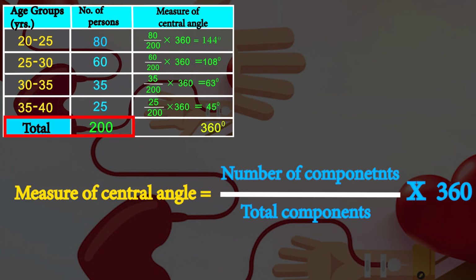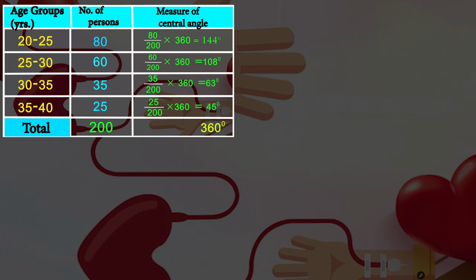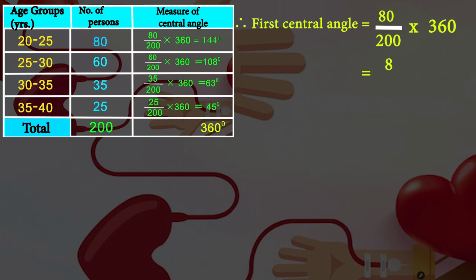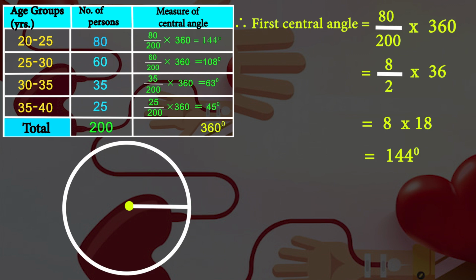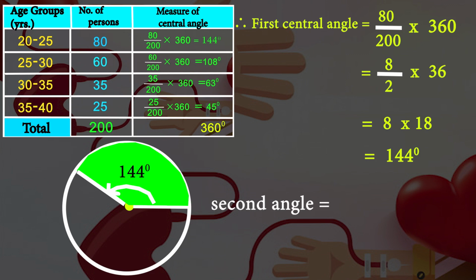Here, sum is 200. Therefore, first central angle is equal to 80 upon 200 into 360. That is equal to 8 upon 2 into 36. That is equal to 8 into 18. That is equal to 144 degree. Similarly, second angle is equal to 60 upon 200 into 360 is equal to 108 degree.